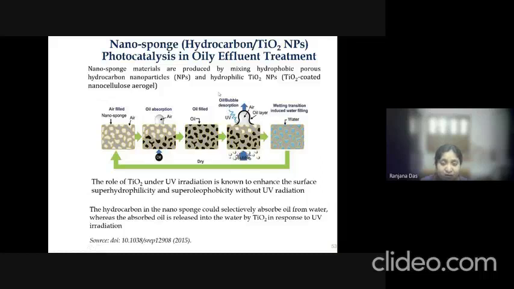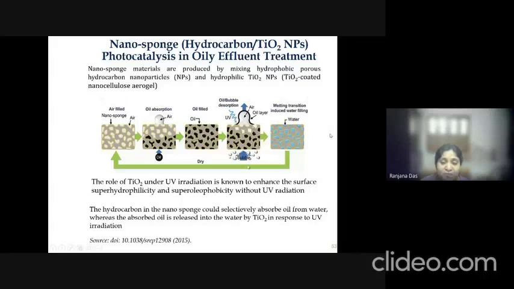Whenever there is UV exposure on the sponge, the nature of the TiO2 will change. It will become a super hydrophilic material. Now, when it becomes super hydrophilic, what will happen?